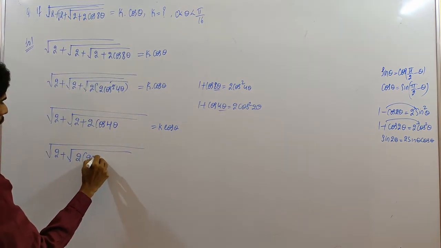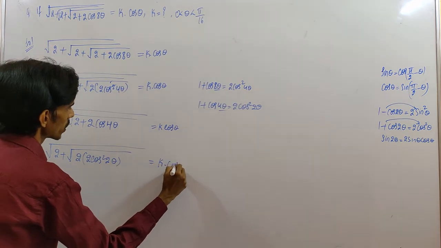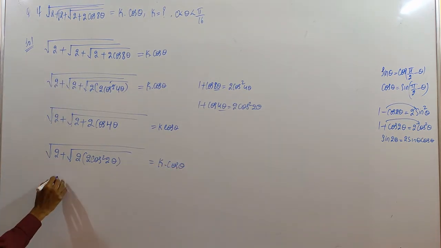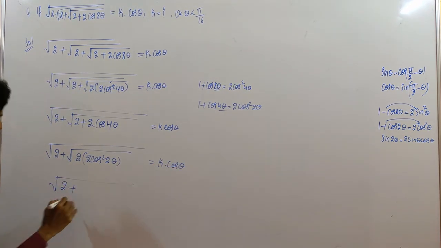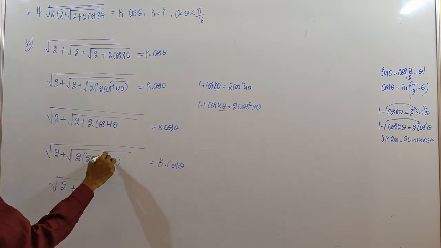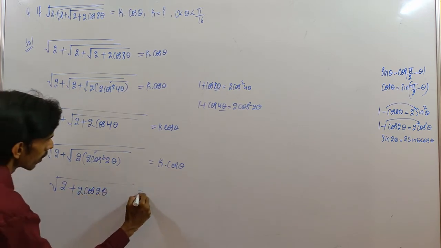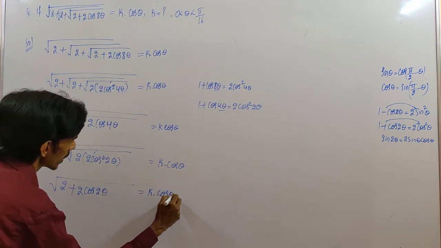So it will become 2 cos square 2 theta. Now this can be written as root 2 plus 2 into 2 is 4, root 4 value is 2. This square root will get cancelled. We have cos 2 theta equals k into cos theta.